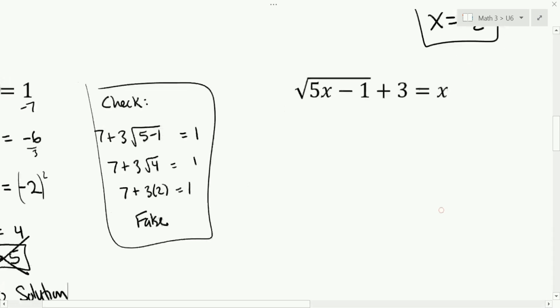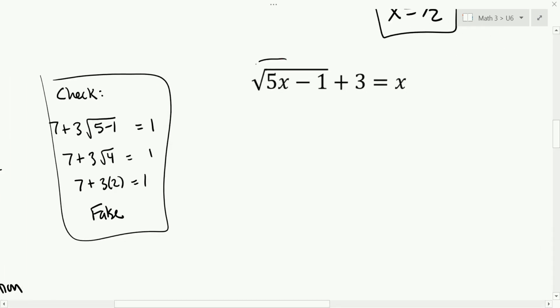On this next one, we want to get the radical by itself. Okay, that's your step 1. And we do that by subtracting 3. We get the square root of 5x minus 1 is equal to x minus 3.